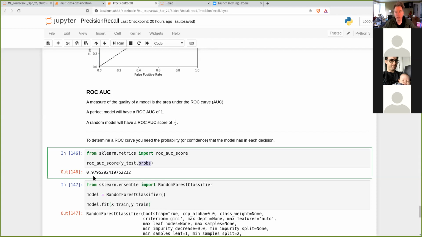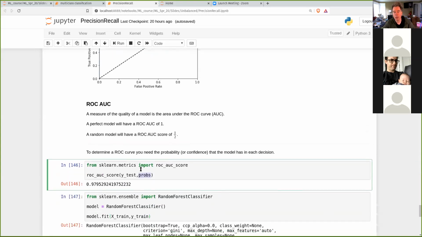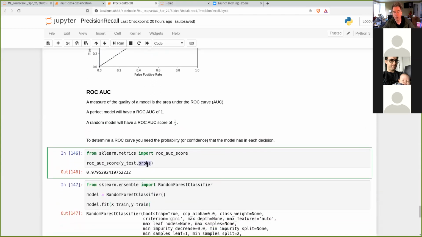Once they have your probability vector, they can apply different thresholds and build the ROC curve from that. The vector of probability estimates is a lot more informative than just your vector of predictions.